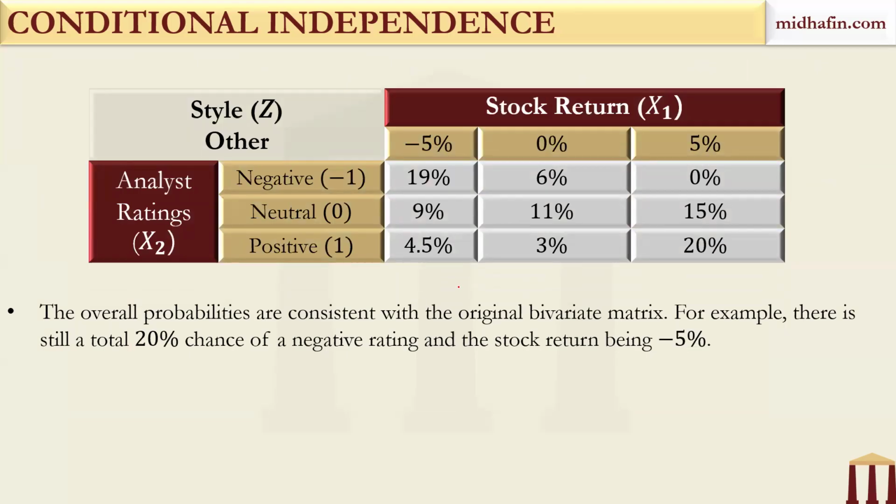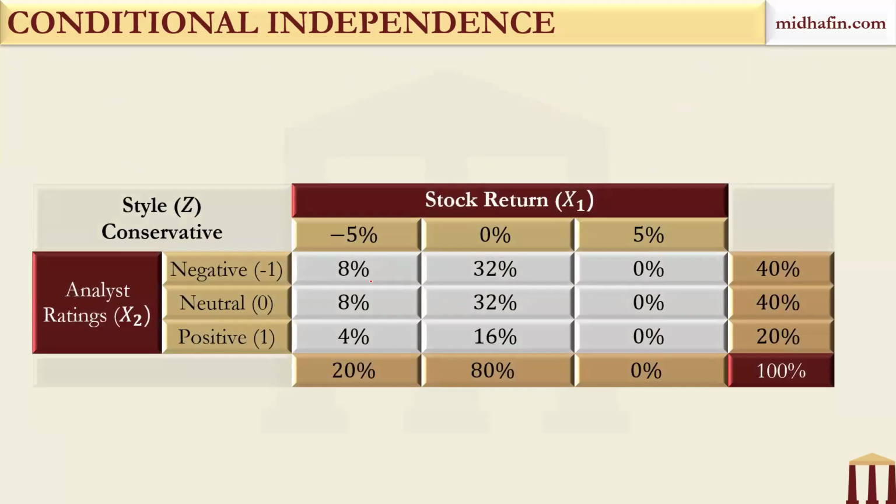So if you multiply them by 8, you'll get this, correct? 8%, 8%, 4%, 32, 32, 16, 0, 0, 0. Agreed or not? This is what we are getting. So if you multiply them by 8, you are actually getting your new conditional distribution, where given that you are in the conservative style category, you have the stock returns and analyst ratings together.